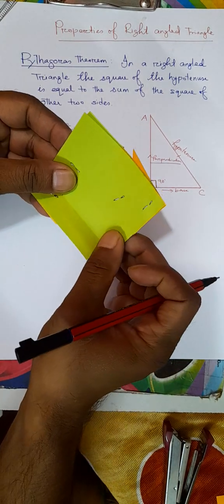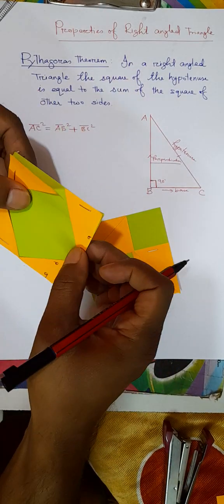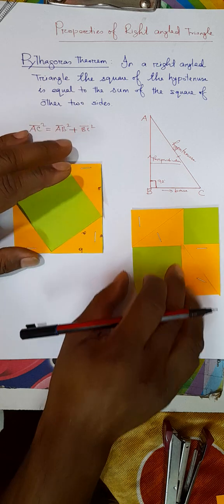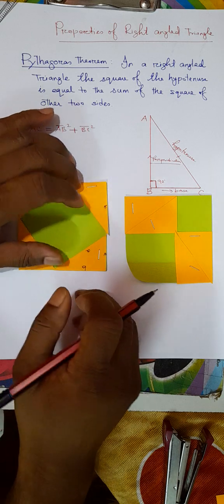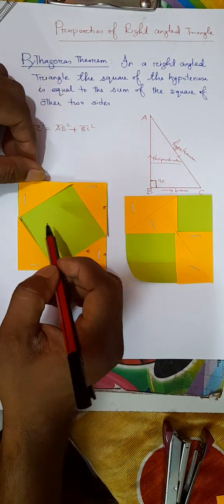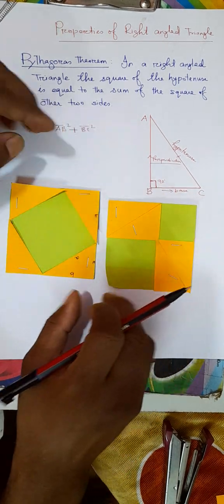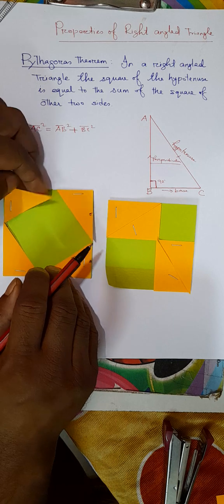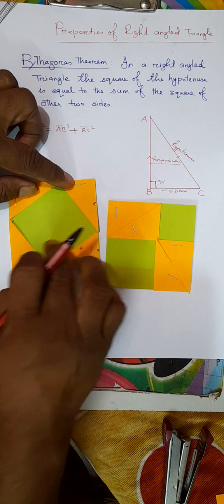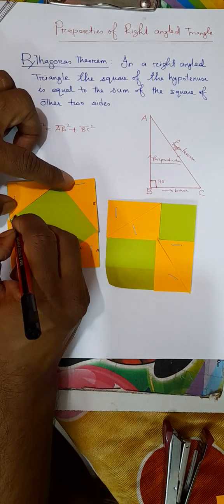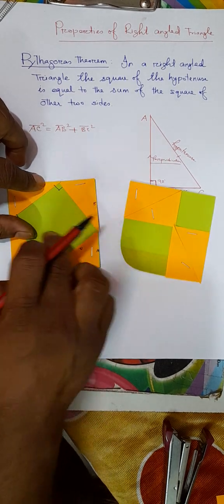Now some surface areas of these squares were occupied by triangles, 4 triangles here, and in another square we are using 4 triangles. Now you see, the left out space, it is again a square, right? All these angles are right angle, so it is a square again.